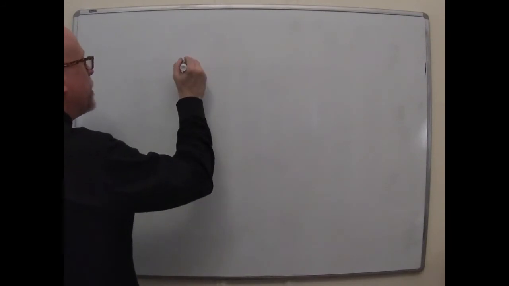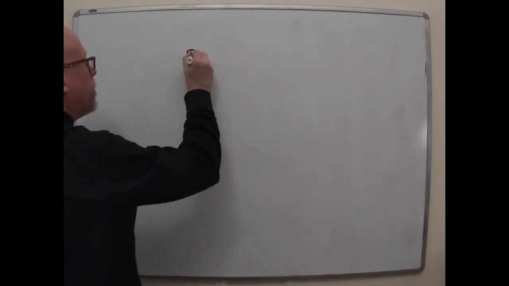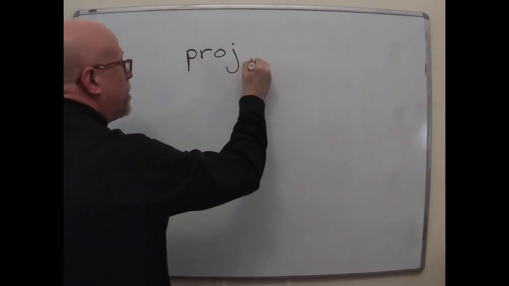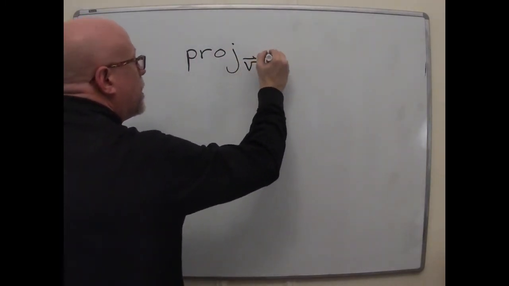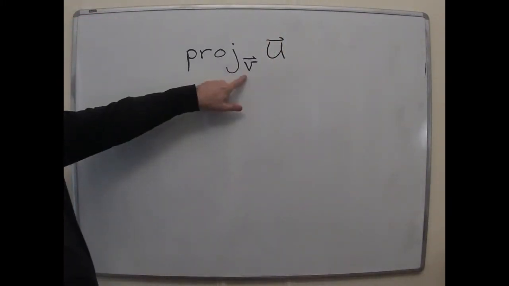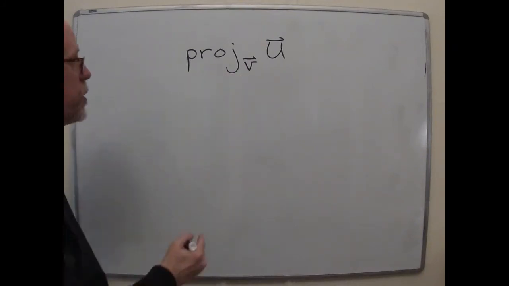So there's notation that we should learn. We write proj with a subscript vector of another vector. The subscript vector is the direction in which you're projecting, or the direction onto which you're projecting.